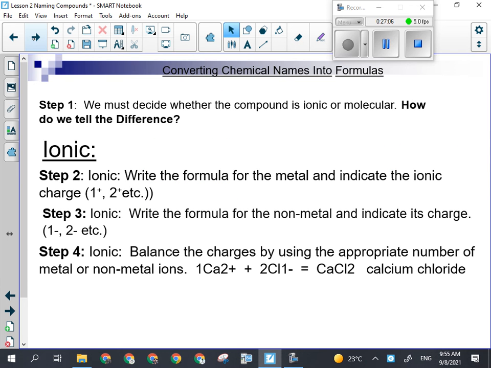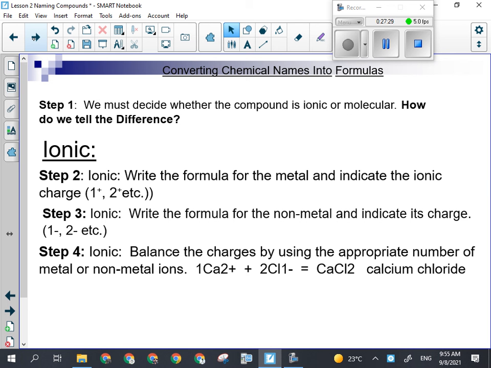So if we're converting chemical names into formulas, essentially going backwards from what we've been doing, the first step is we have to decide whether the compound is ionic or molecular. So again, we just look for the presence of a metal or not. If it's ionic, then we write the formula for the metal along with its charge.